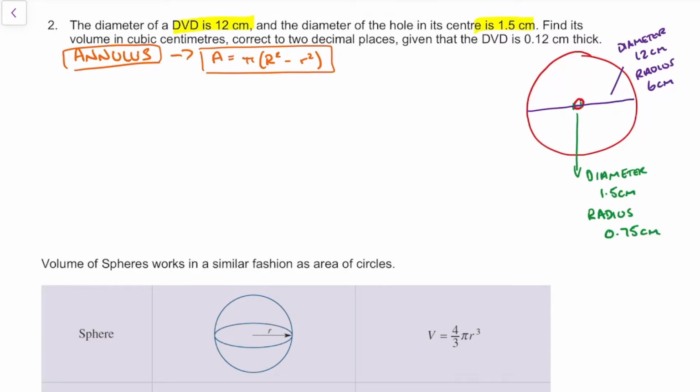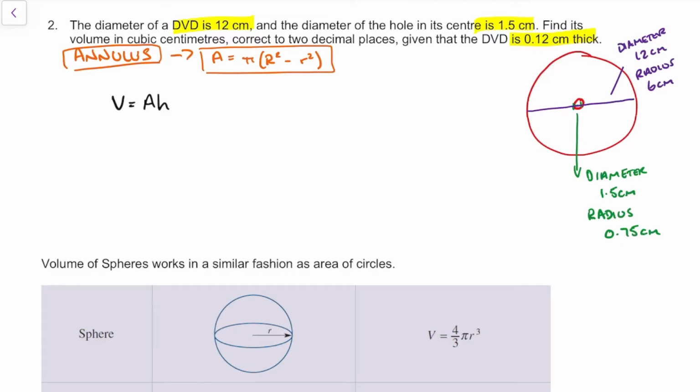So we need to use that as part of our working for this question. So volume equals the area times the height. Now the height for this one is the thickness of our DVD, which is 0.12 centimeters.